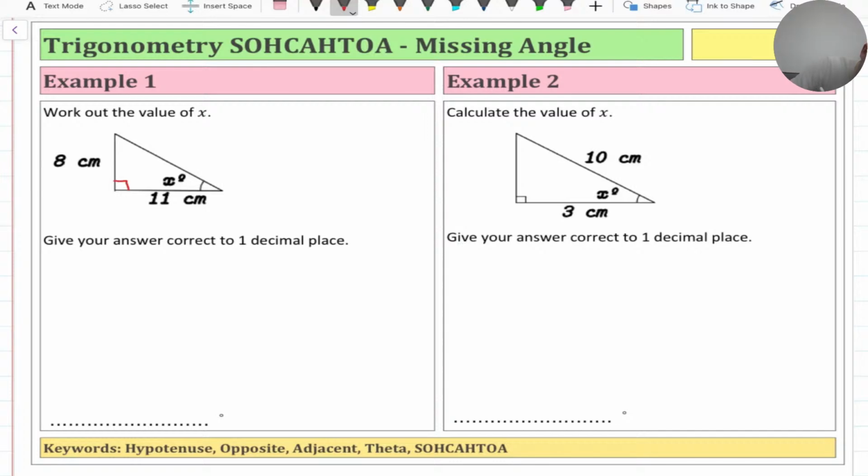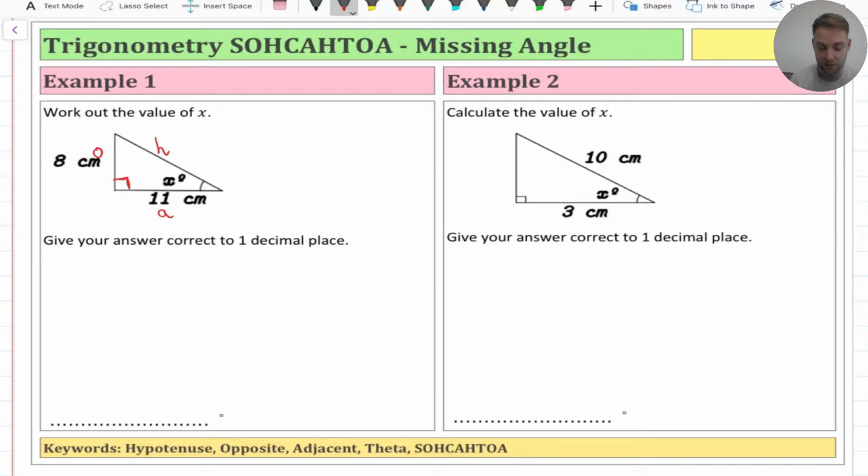Opposite the right angle is the hypotenuse. Opposite the angle is my opposite. And in between the angle and the right angle is my adjacent. So that's our first part.